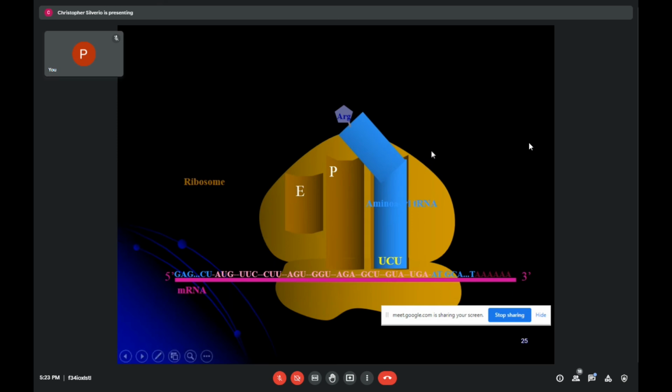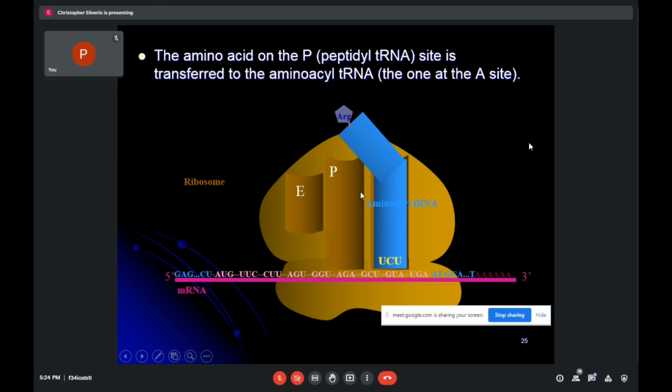Where is the transfer RNA that is carrying the methionine? It's there.